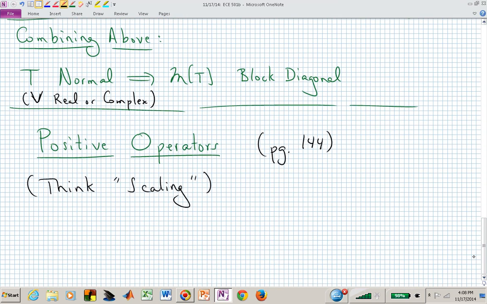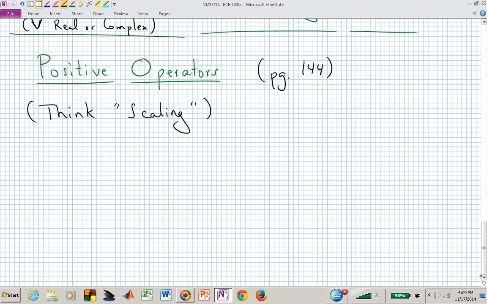Now let's look at what we are going to be using now to generalize this concept of scaling with operators, which are these positive operators. Here's the definition of a positive operator.